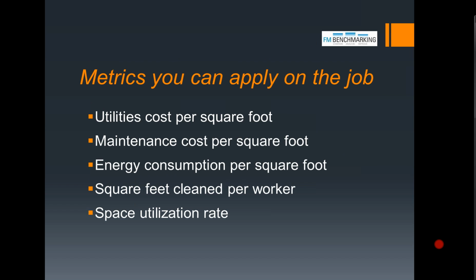However, one of the most important ones that often gets overlooked is the space utilization rate, and you can, as not a surprise really, if you think about it, if you can reduce your space and get the utilization rate up, you can save 100% of that cost as you can get rid of unneeded space. But we're going to look at some metrics on the next few slides and show you some comparisons from current year data.